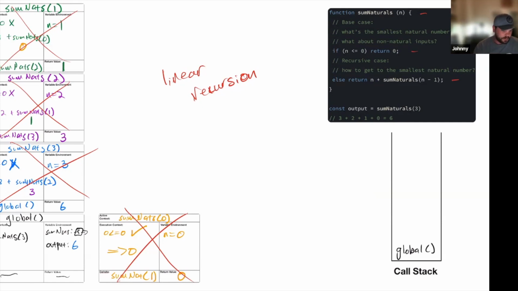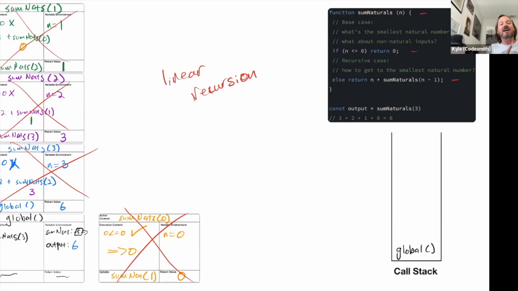But a lot of recursion is evaluating. Like sum naturals n-1. So using arithmetic as a parameter, is that some sort of exception?